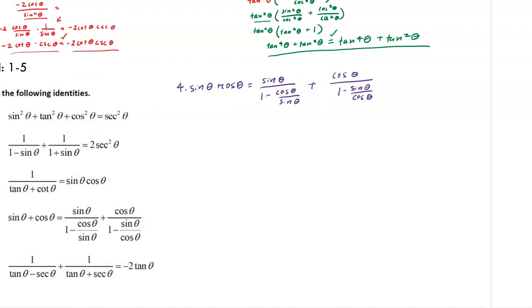Okay, so the left-hand side is extremely simple. I'm going to uncomplicate the right-hand side. So first, I'm going to take those denominators and combine like terms. So sine theta over sine theta minus cosine theta over sine theta. And do it on this side too. So cosine theta over cosine theta minus sine theta over cosine theta.